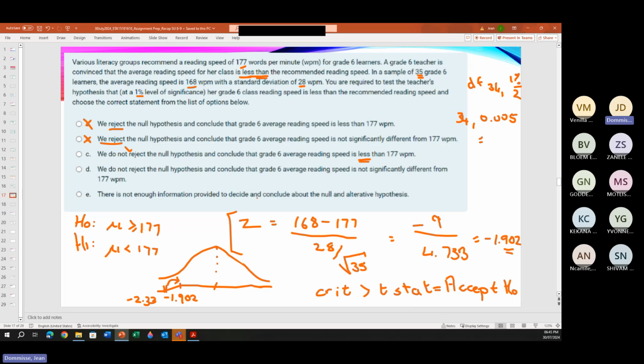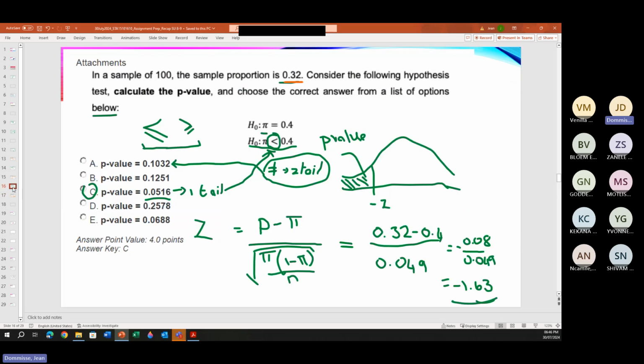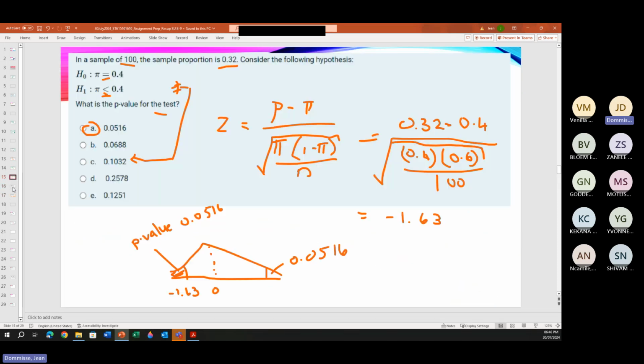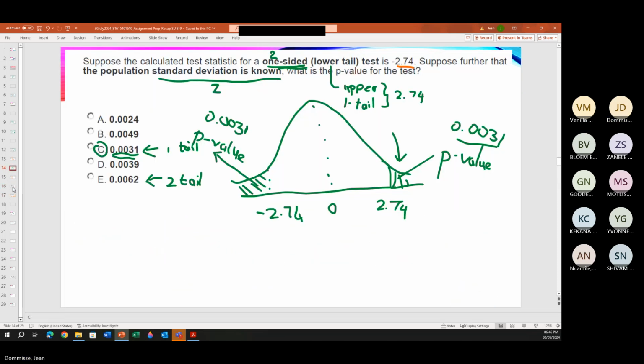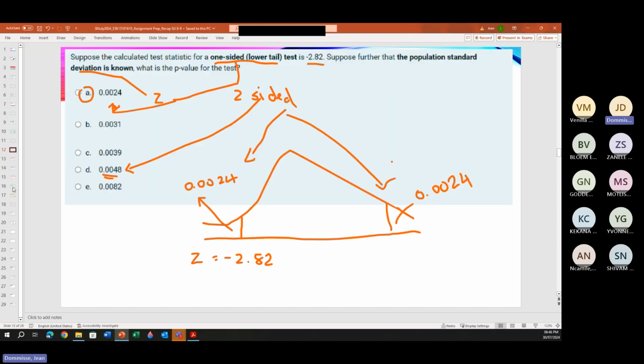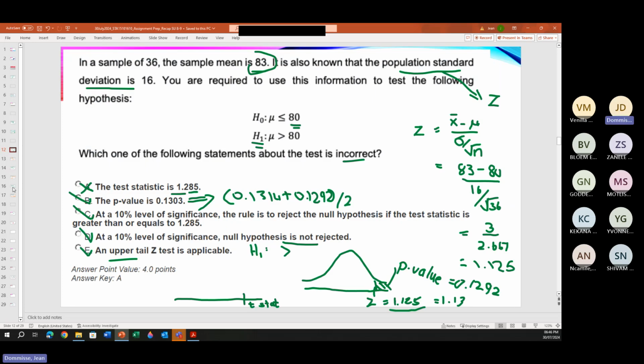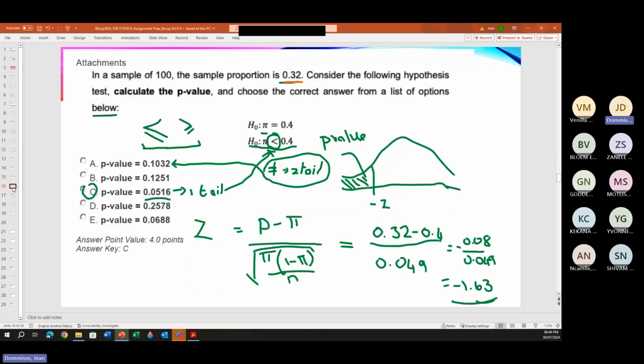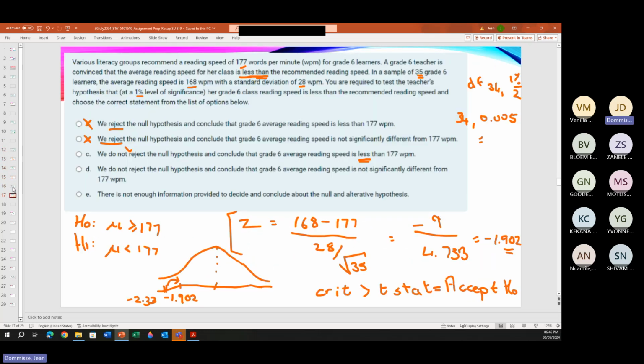It will be interesting. I will just check if there's any hypothesis testing where we actually do go into a T, and that will be quite interesting.